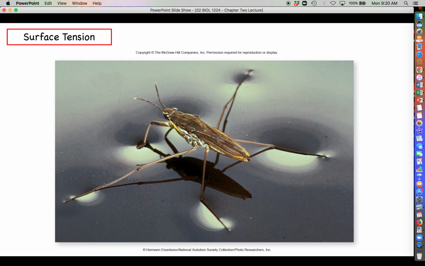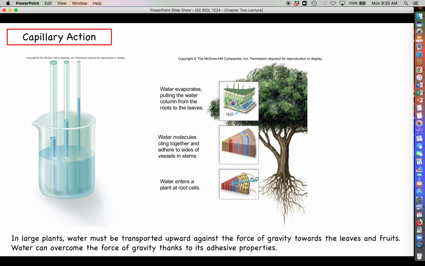So this is what we refer to as the surface tension of water. Because of the hydrogen bonding properties that cause the cohesive water molecules to cling to each other, you're going to have to provide more force than this pond skimmer is in order to break the surface of the water and break those hydrogen bonds.